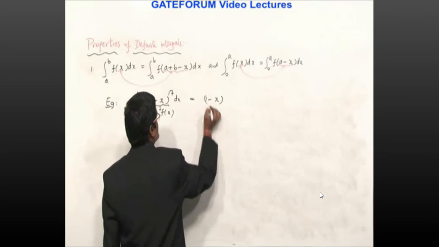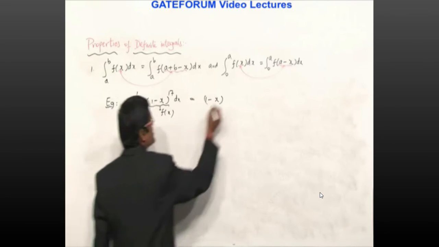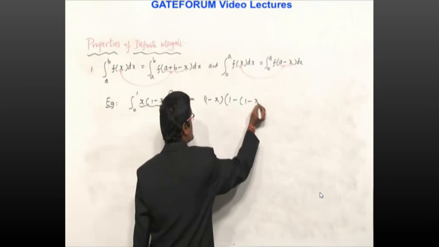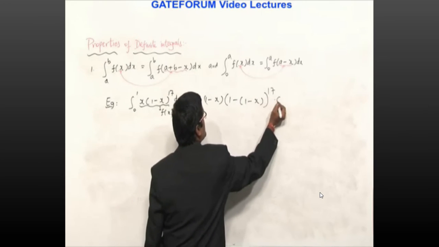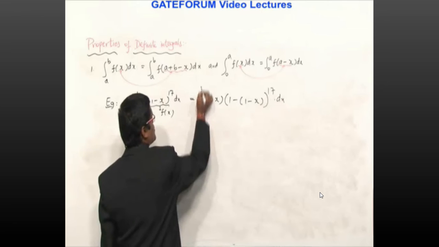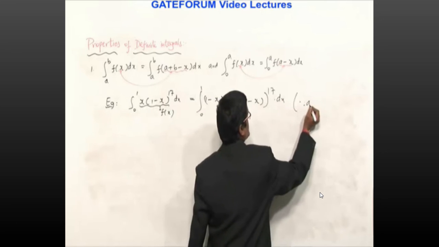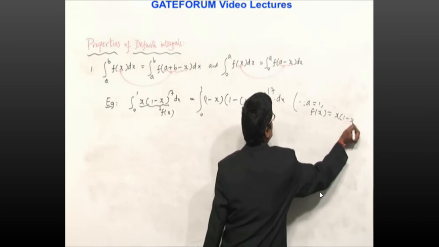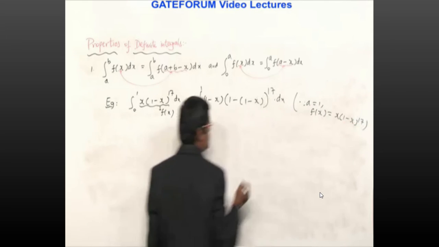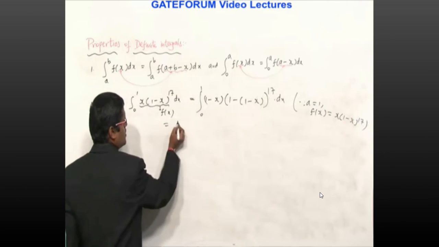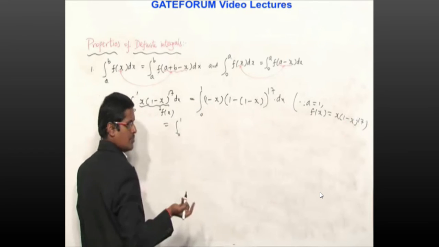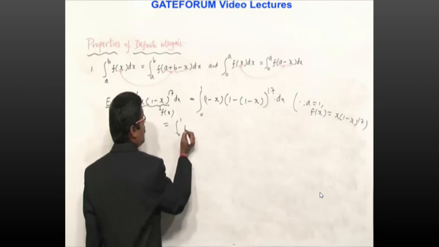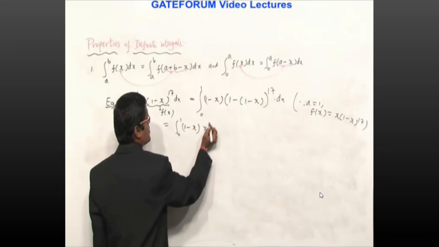Apply this result. So x is replaced by a minus x, that is 1 minus x. So the first, outside x becomes 1 minus x. Inside, 1 minus of 1 minus x whole to the power 17 into dx as it is, limits 0 to 1, since a is equal to 1 and f of x is equal to x into 1 minus x whole to the power 17. Now the right side integral is in a simpler form: 1 minus x into x to the power 17.